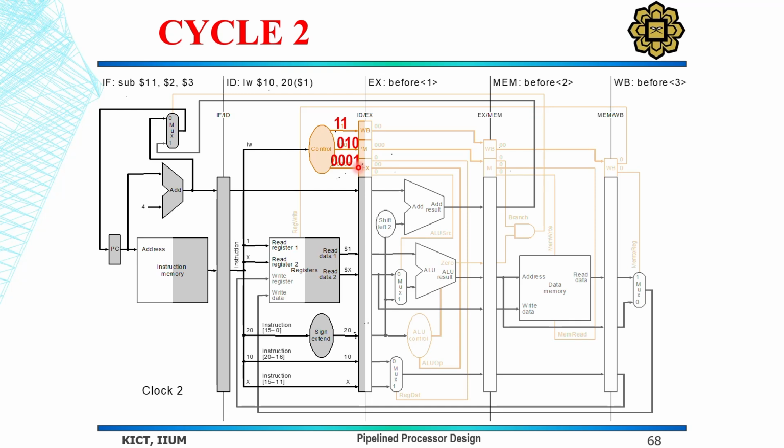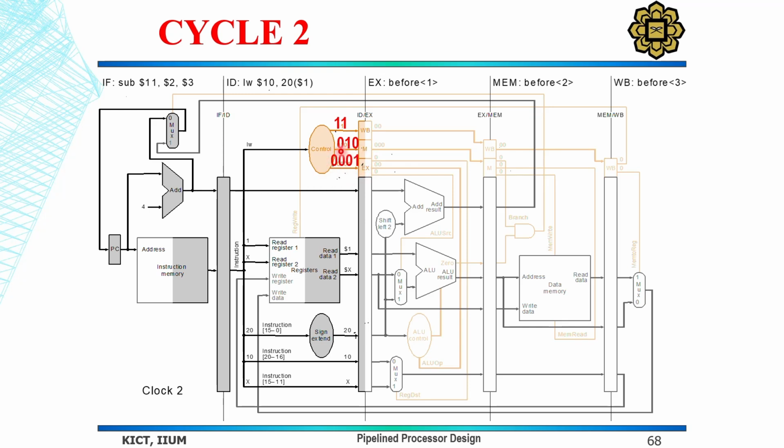If it is 1, it means immediate, because we are dealing with this instruction and it has this immediate number for the offset of the address. So these 4 bits are for the execute stage.